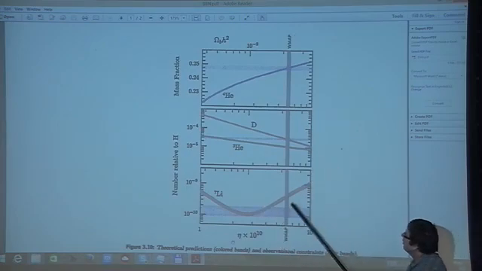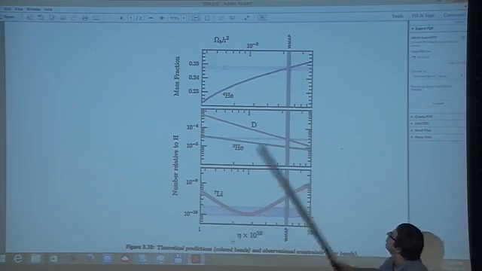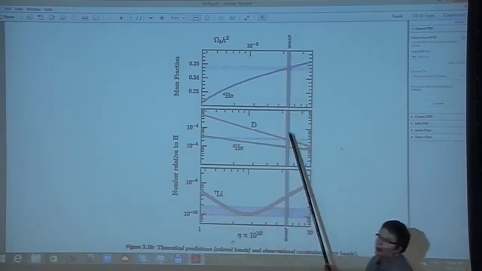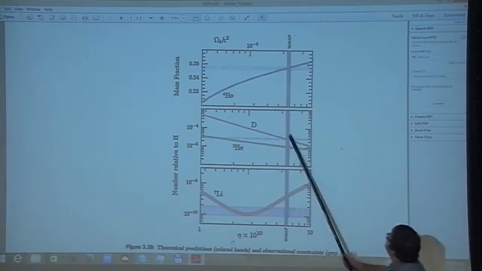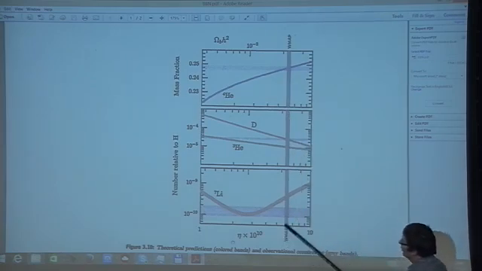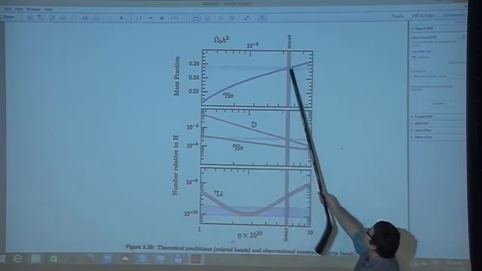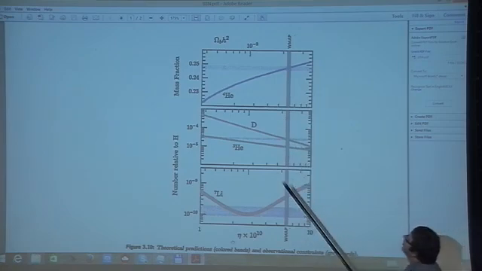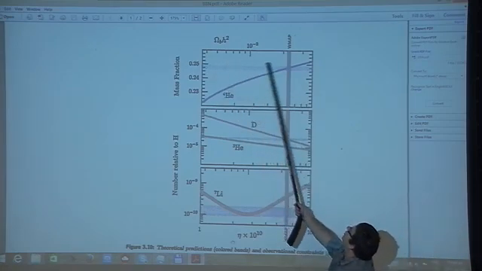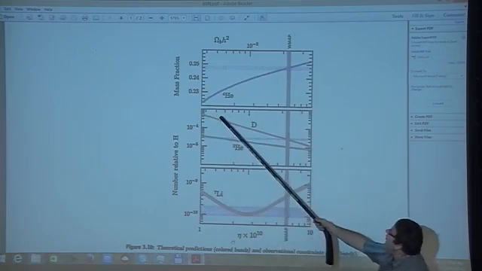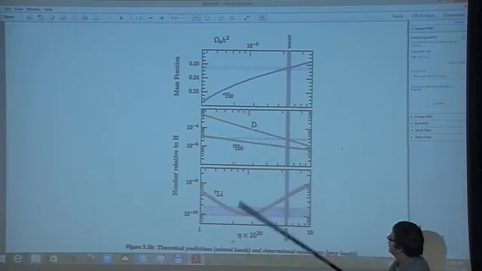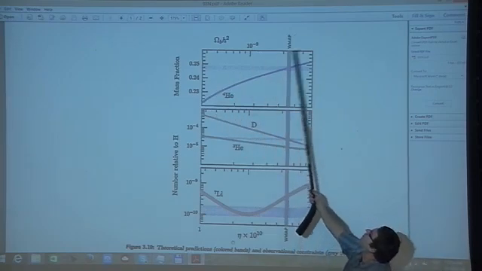The gray regions are just the observational bounds, which tell you that eta has to have this value. The blue region, red region, and this region are the theoretically predicted values.